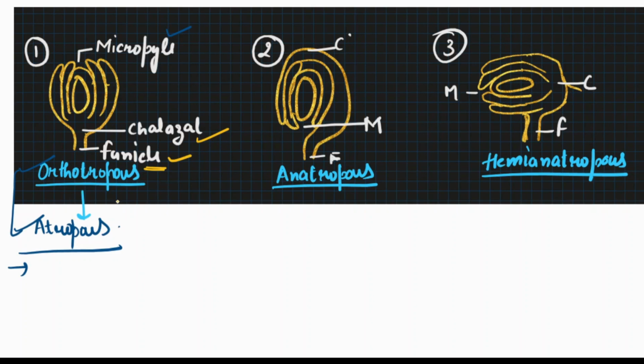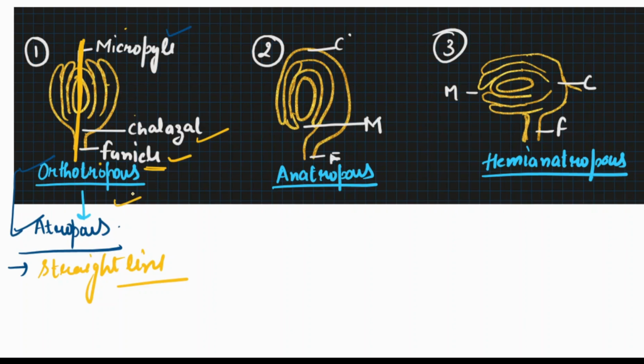So now in Orthotropous ovule, the micropyle end, chalazal end and funicle, as you all can see here, these 3 parts are in the straight line. Okay, so the position of the micropyle, chalazal and the funicle are in the straight line in case of Orthotropous ovule. Okay, and the body of the ovule is straight. As you all can see here, the body of the ovule is straight in nature.